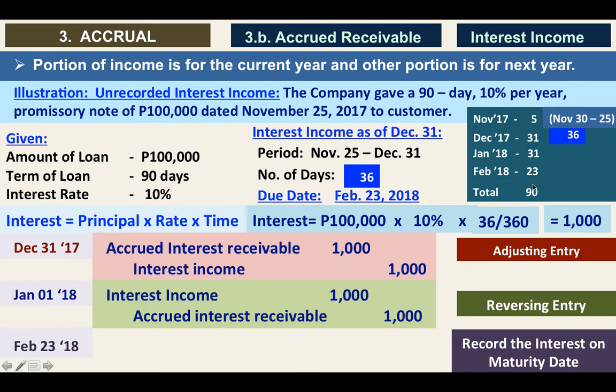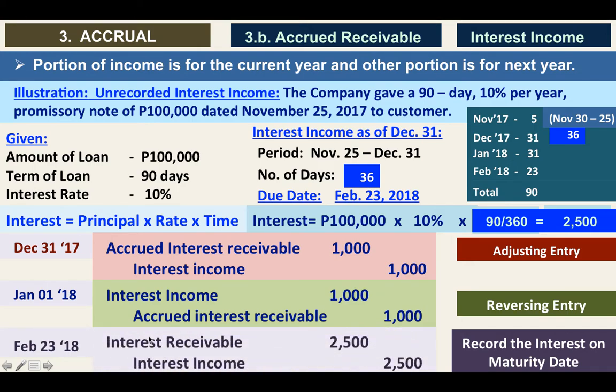Kasi yun yung full na interest na babayaran. To compute that, same, we are going to use this formula. Okay? However, imbis na 36 days, gagawin natin itong 90 days. And 90 days will be equivalent to 2,500. So on February 23, we will debit interest receivable 2,500 and credit interest income 2,500.